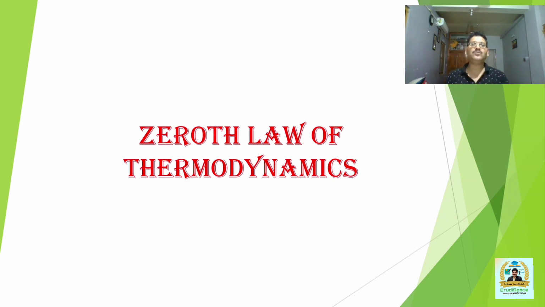So first I will tell you what is Zeroth law of thermodynamics. Then I will explain the Zeroth law of thermodynamics with proper examples. Then I will tell you what is thermal equilibrium and what is the definition of temperature. Then I will tell you why the name Zeroth law has been given, which is only specific to thermodynamics.